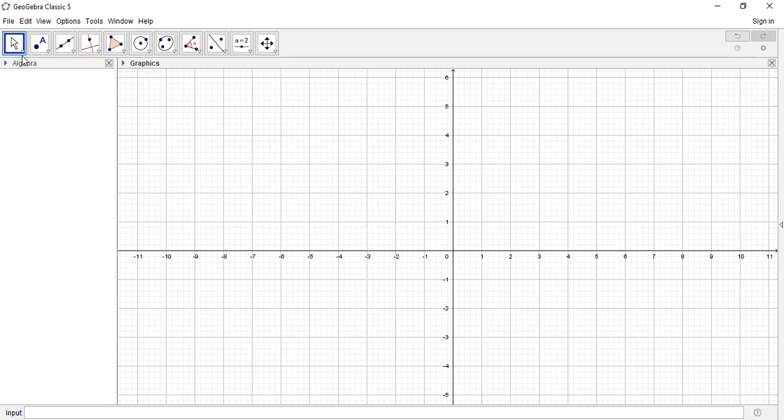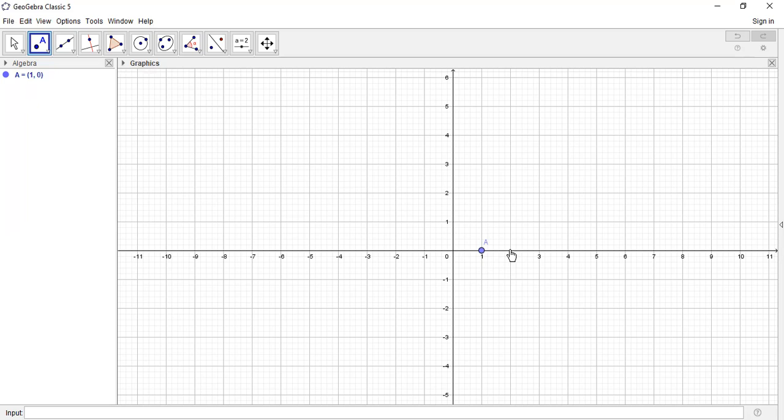I want to plot there at this point. Okay, this is point A, and its coordinate is 1, 0. Look there, x coordinate is only 1. It is neither up nor down, that's why y coordinate is 0.